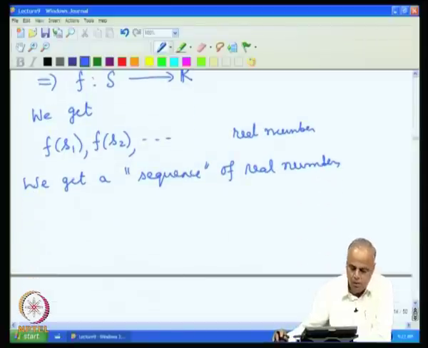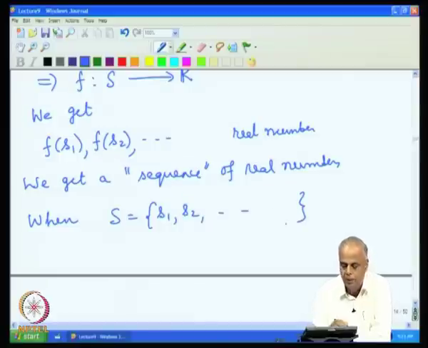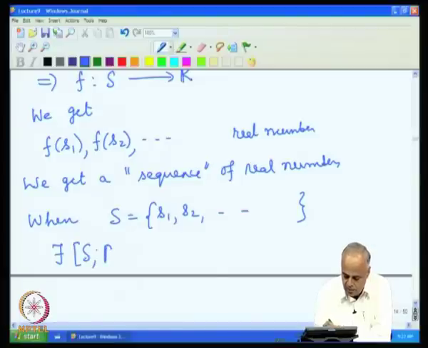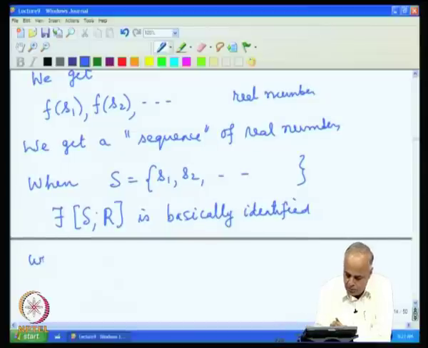And therefore, in this case, when S is equal to S1, S2, etc., an infinite sequence, F(S,R) is basically identified with sequences of real numbers.